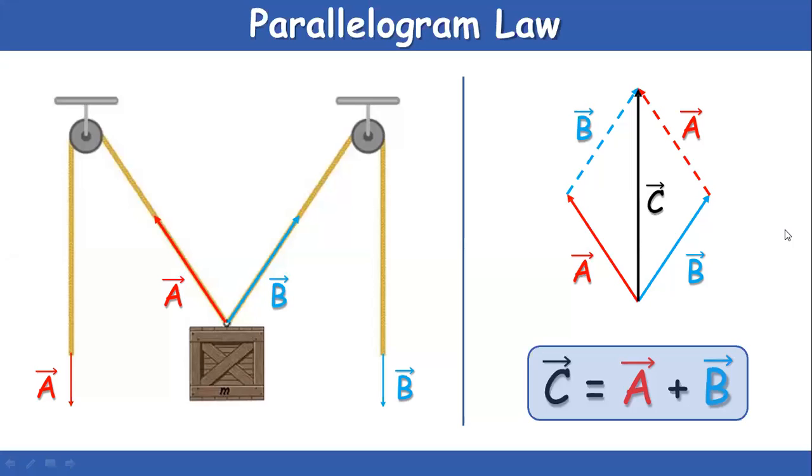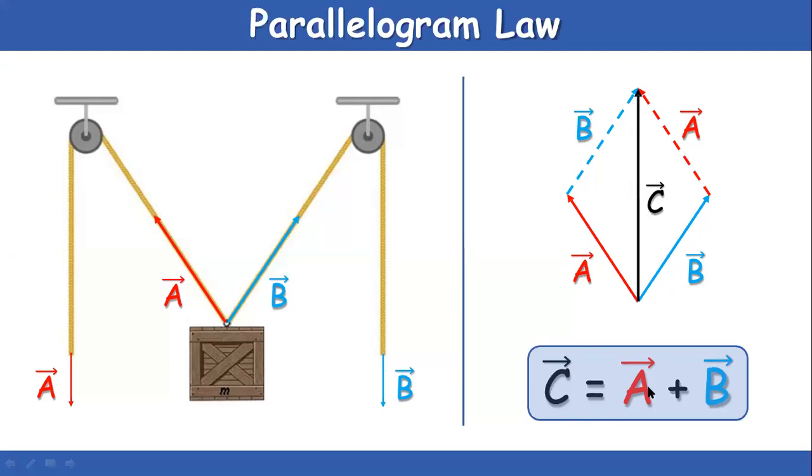But if the case is different, that is, the starting point of both vectors is the same now. In the previous case, the starting point of the second vector was the end point of the first. Now here the starting point is the same. Then I will complete this parallelogram, and the diagonal of the parallelogram gives us the addition of these two vectors.